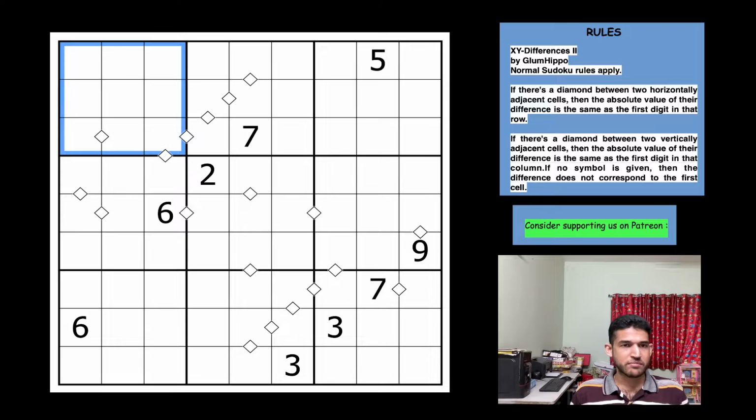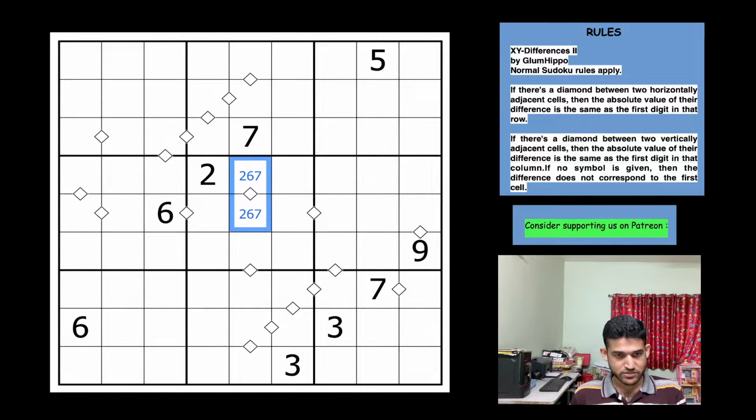What it basically means is, if you take the difference of these digits, let's say you have a 6 here and a 9 here, the difference of these digits is 3. Then 3 must be the first digit in that row. And the same applies for columns. Let's remove this example here. Let's say I have a 2 and a 6 here.